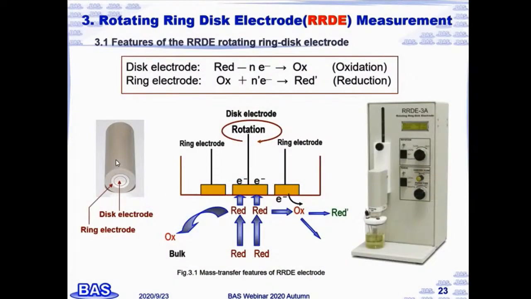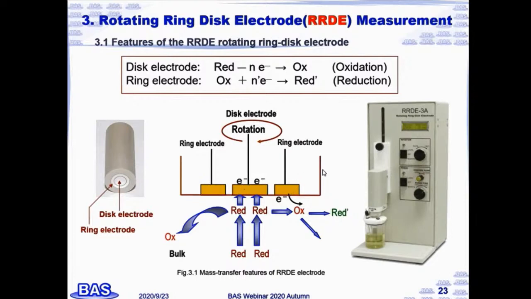When this RRDE electrode is used, the RRDE measurement can be carried out. The disk electrode is in the center, and a thin layer of insulator and the ring electrode are placed around it, and the surrounding area is covered with an insulator outer cylinder.